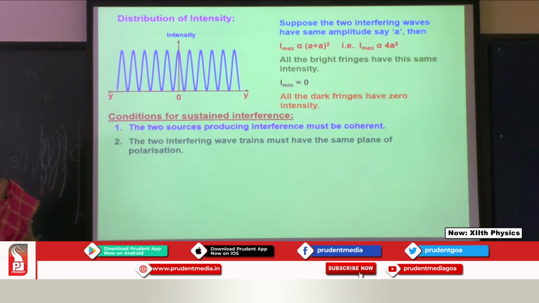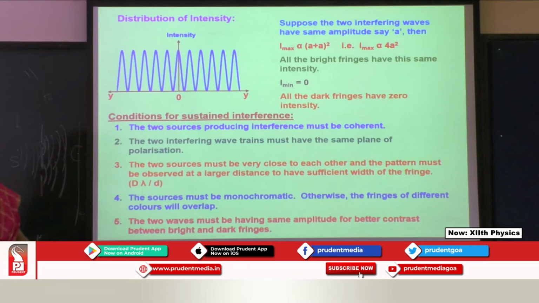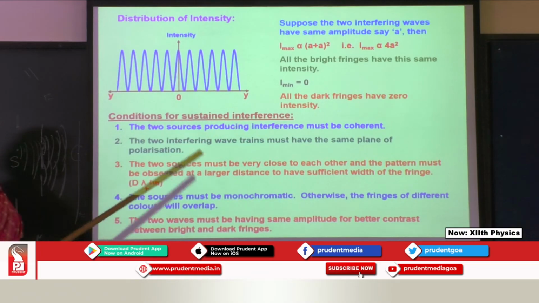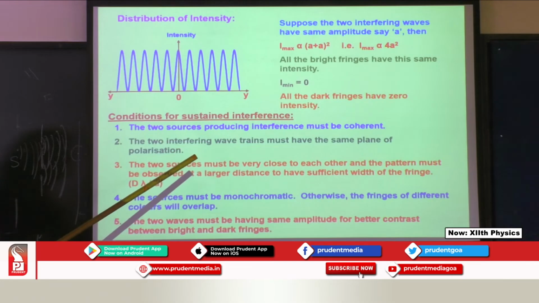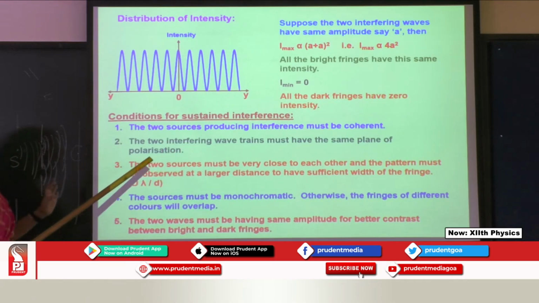So what are the conditions to obtain sustained interference? Means the interference pattern should occur continuously. These are the conditions. The two sources must be coherent. The two interfering wavefronts must have the same plane of polarization, but this topic is cancelled for us.